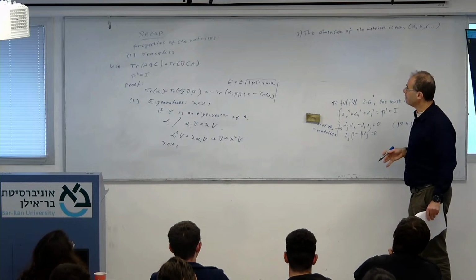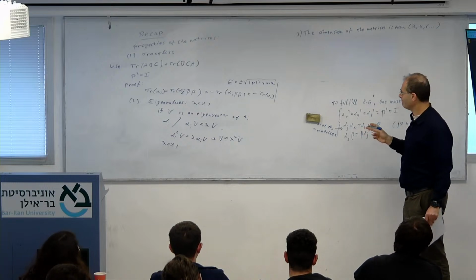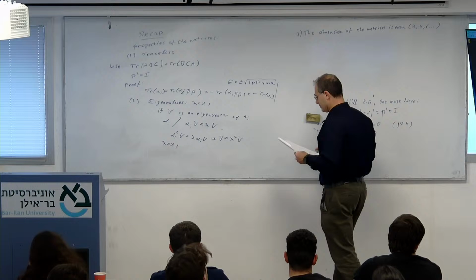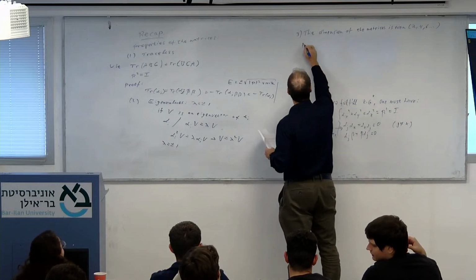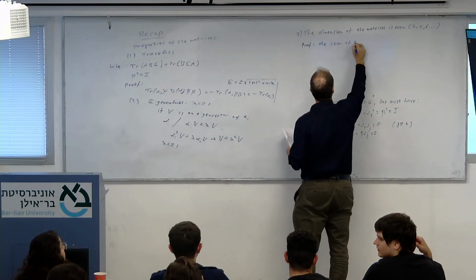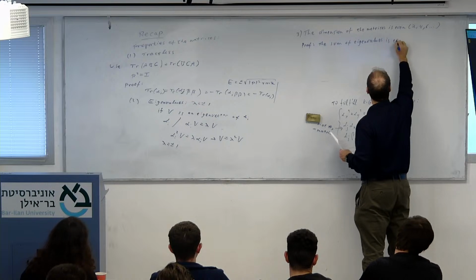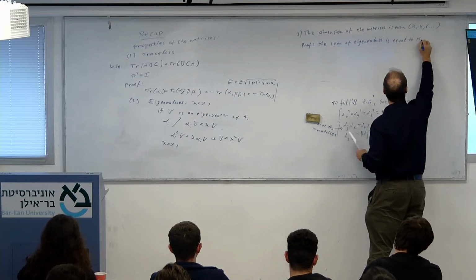The sum of the eigenvalues is equal to the trace, which is 0, so the number of ones and negative ones is the same. Proof that the sum of eigenvalues is equal to the trace.